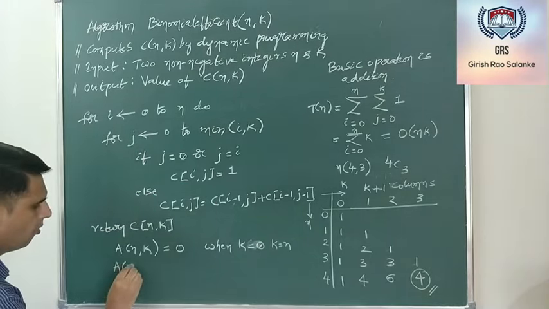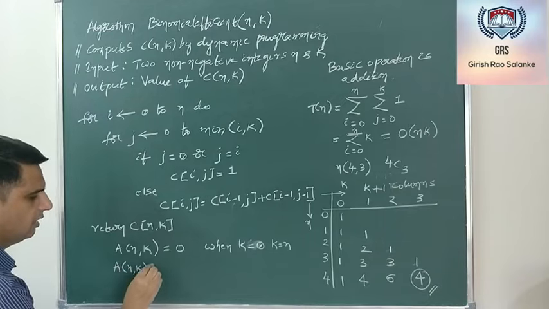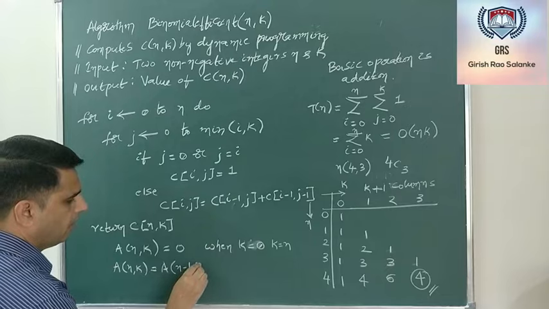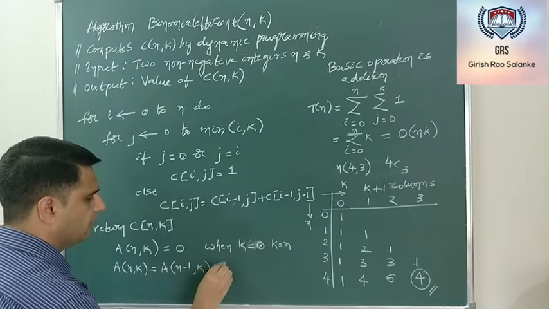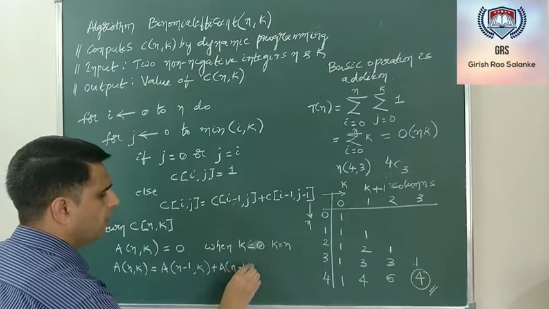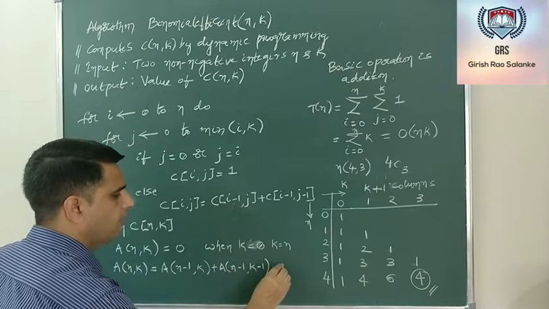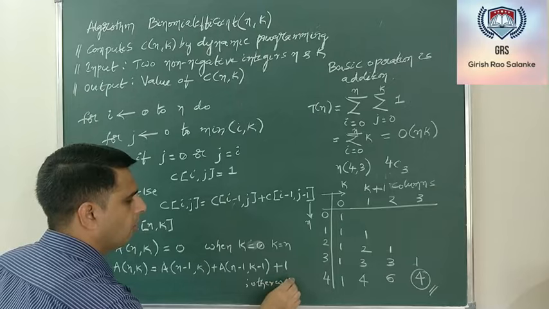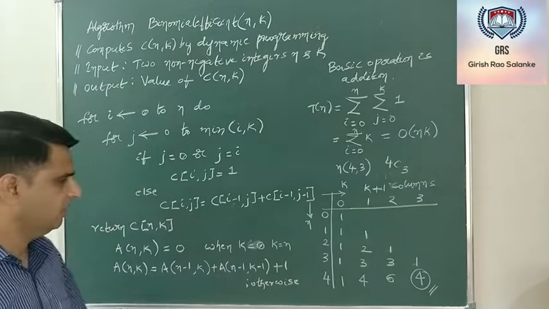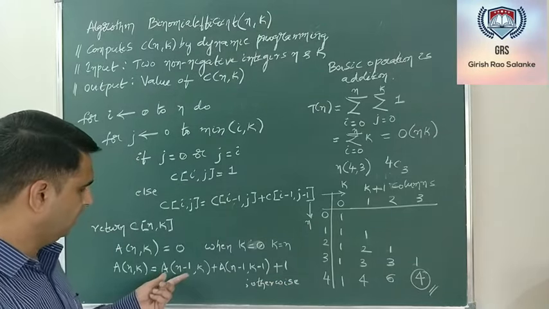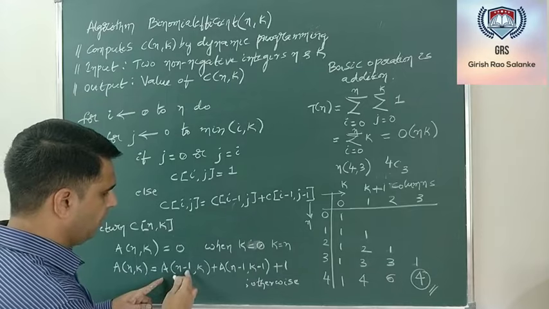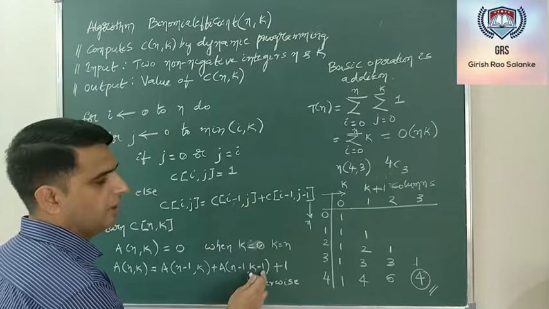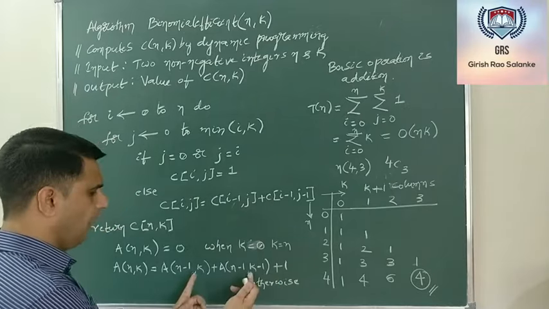Otherwise, how many additions do I do? The number of additions that I do is A of n minus 1 comma k plus A of n minus 1 comma k minus 1, plus 1. This is the total number of additions that I am doing for A of n minus 1 comma k plus A of n minus 1 comma k minus 1, and finally one addition to add these two.